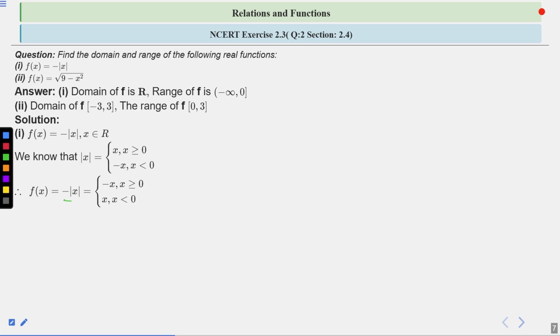So minus of mod x will be quite simple: minus x when x is greater than or equal to 0, and the output will be x when x is less than 0. Clear?